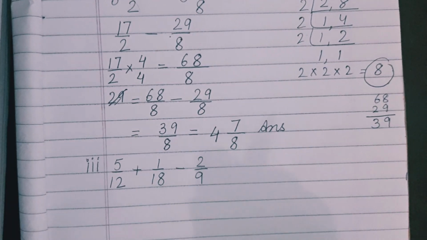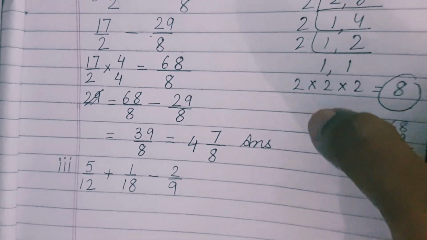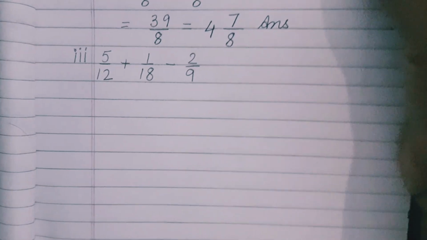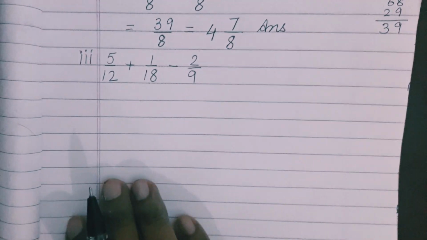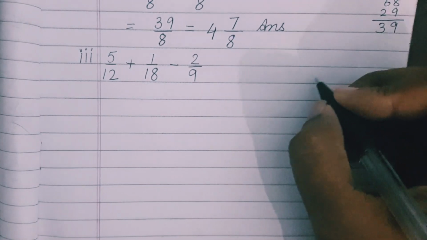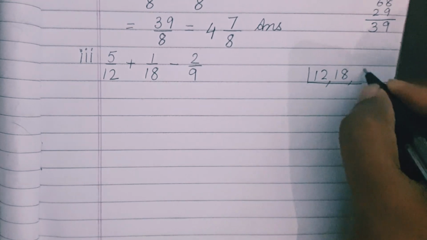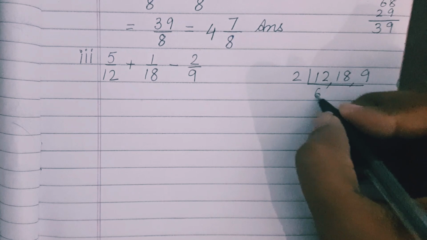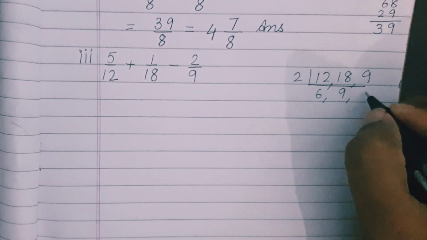Now next question. The next question is 5 upon 12 plus 1 upon 18 minus 2 upon 9. So first we will take out the LCM because the denominators are not the same. So 12, 18 and 9. 2 6s are 12, 9 and 9.